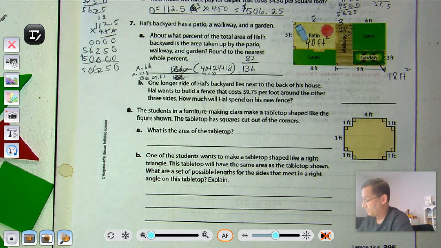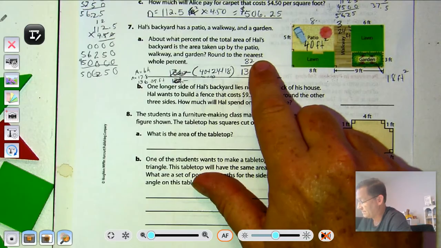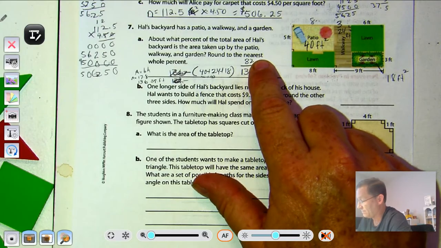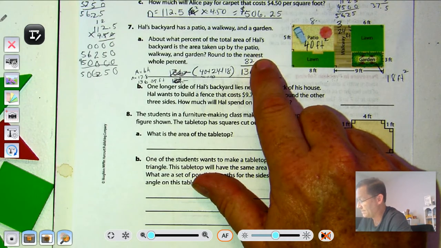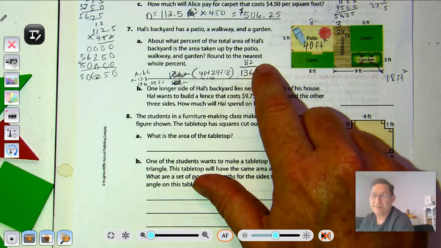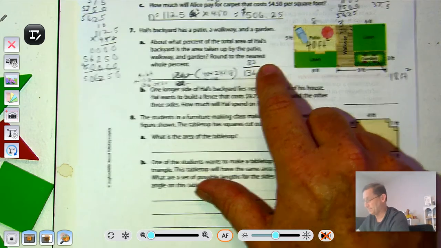So the total is 136. The part that's taken up by the patio, walkway, and garden is 82 square feet. So we just need to divide those and multiply by 100.